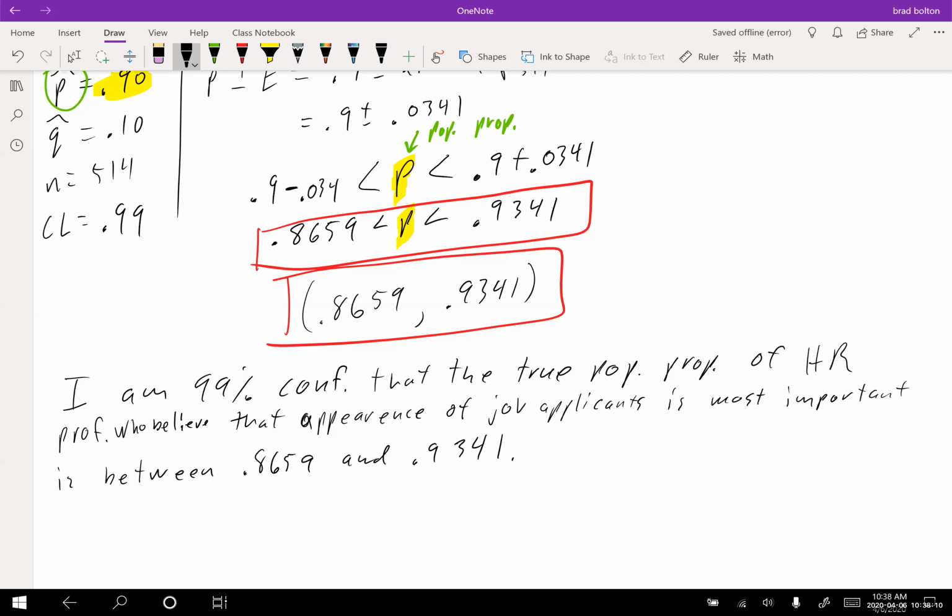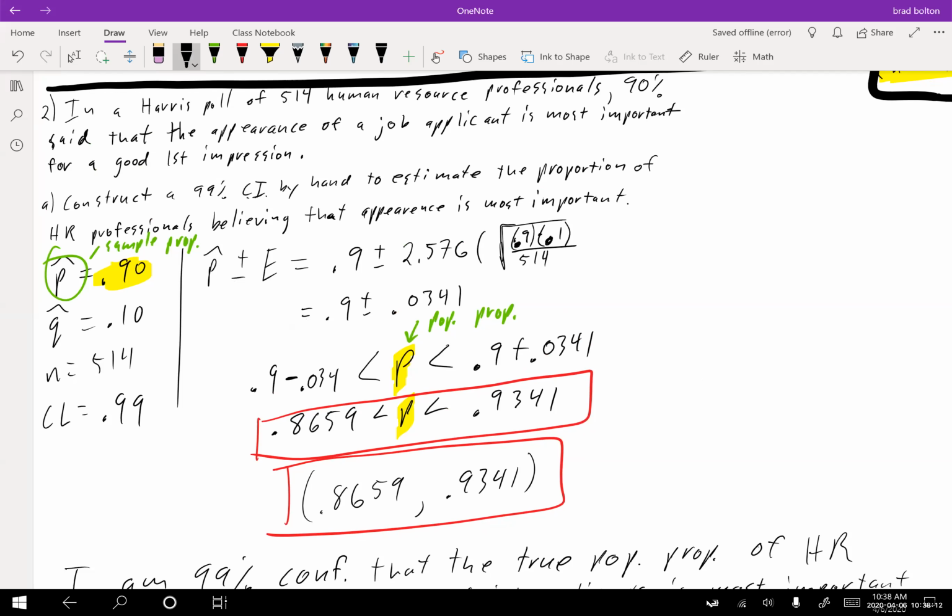Okay, now again, let's just practice using our calculator. So let's use our calculator over here, part B. So part B, calculator. So we would just do one prop Z int, okay?